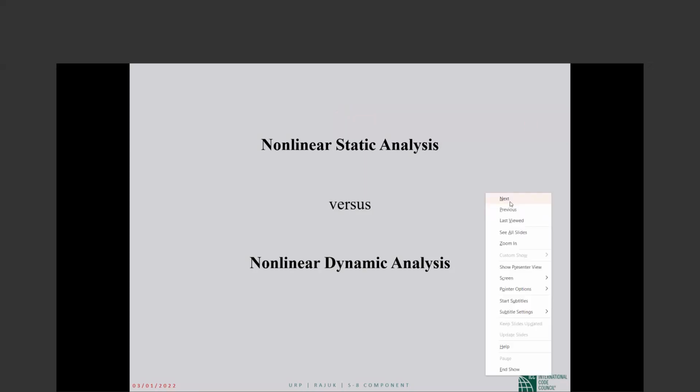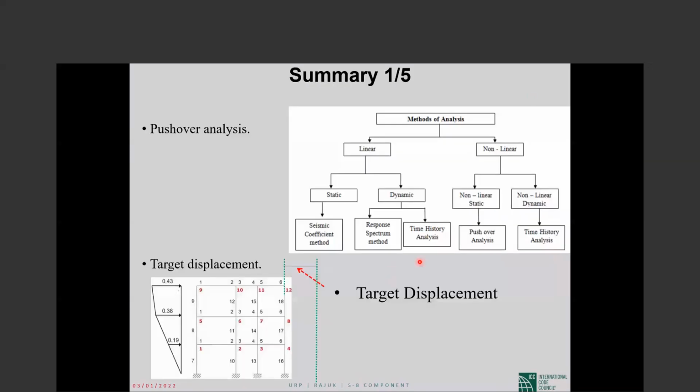So if we summarize our work, because anyhow there is an exam coming up: what is pushover analysis? Pushover analysis is a kind of nonlinear static analysis. What is the target displacement?